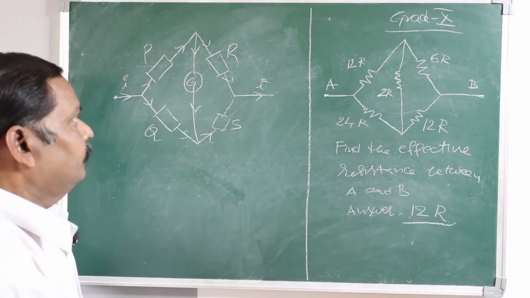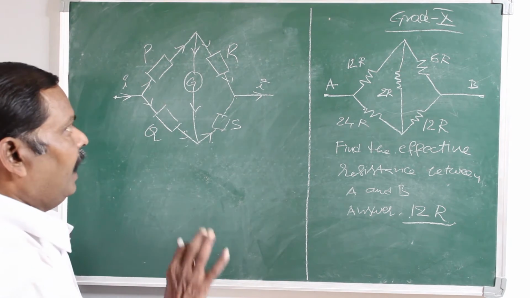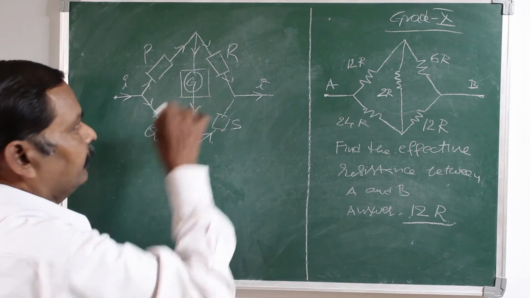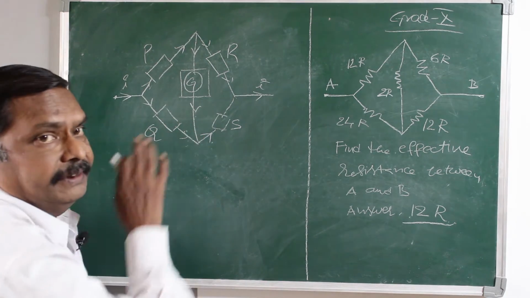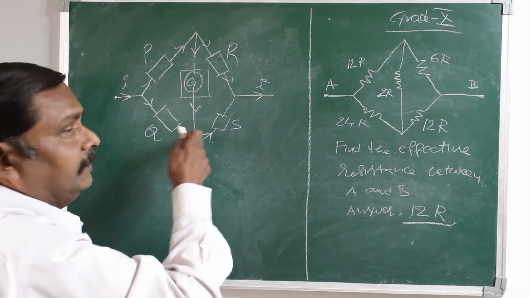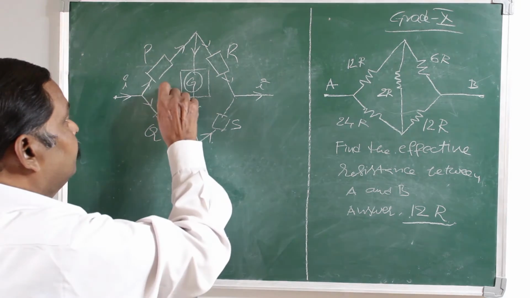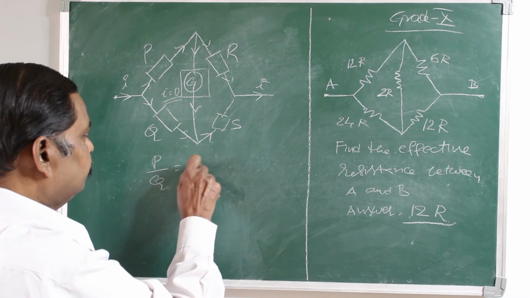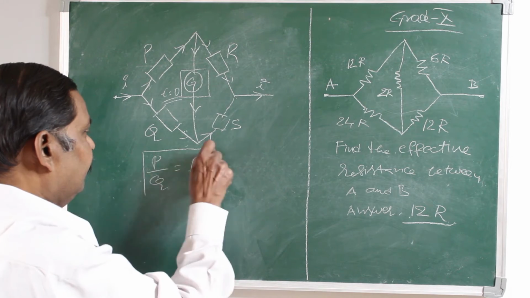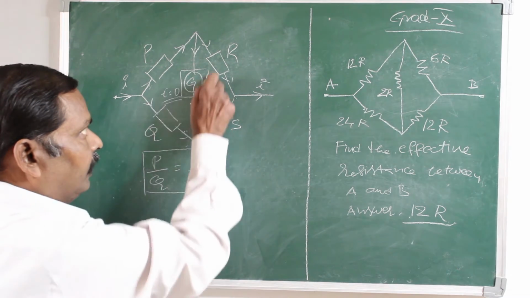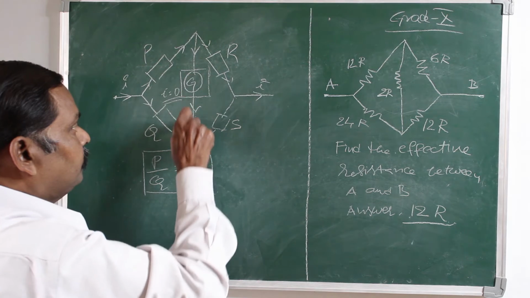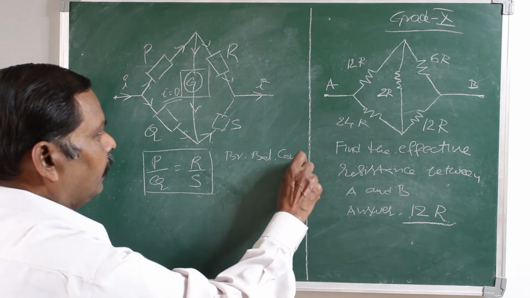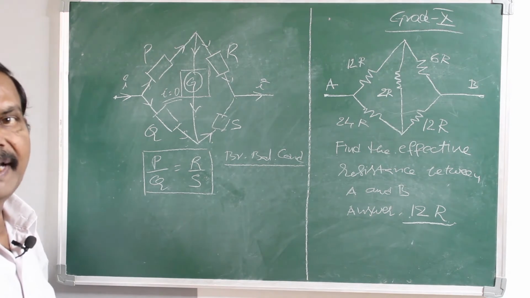If I is the current going in, the current coming out is also I. So this is the Wheatstone's bridge circuit, and the principle says that whenever the galvanometer is showing zero reading, that means when there is no current in this wire, that is I is equal to 0, then P by Q is equal to R by S. This situation is called the bridge balancing condition.